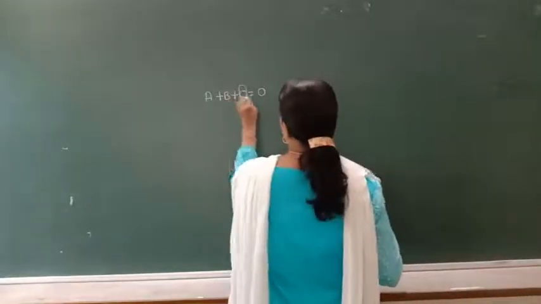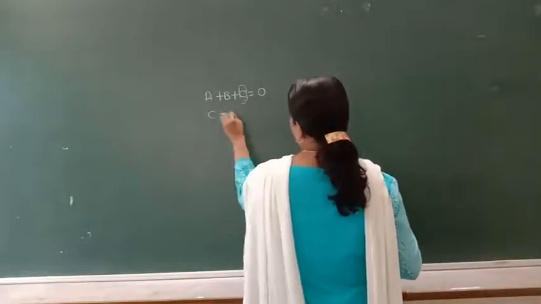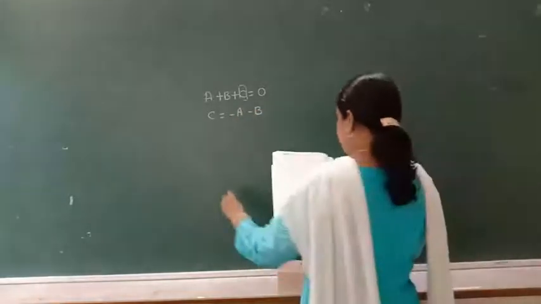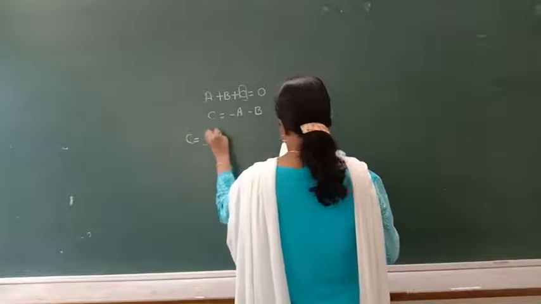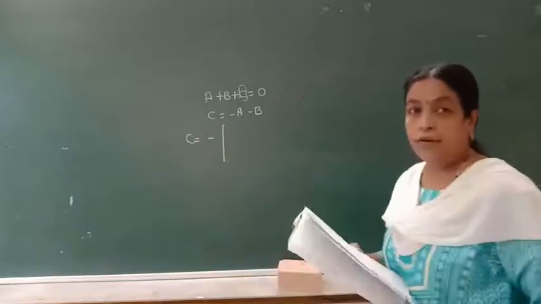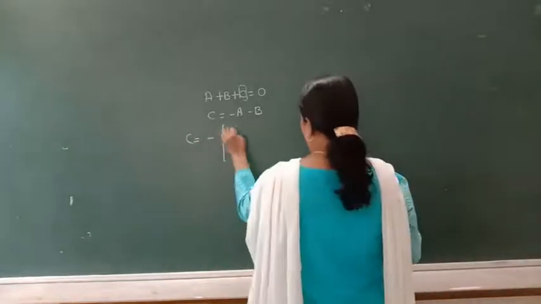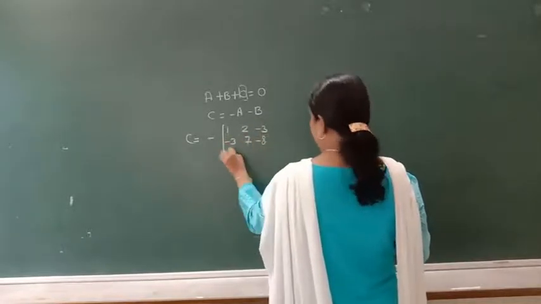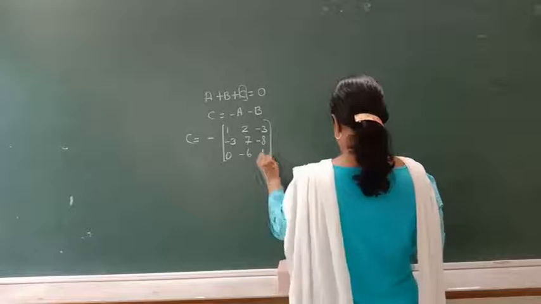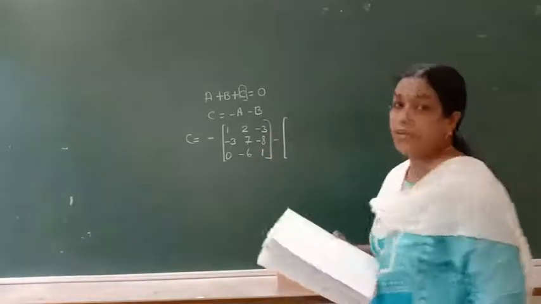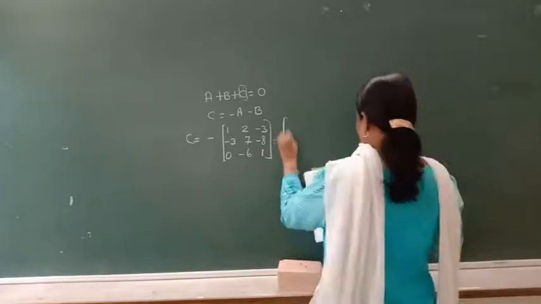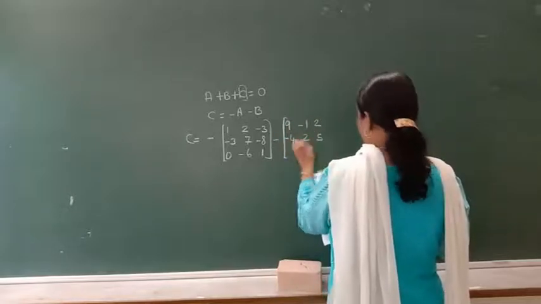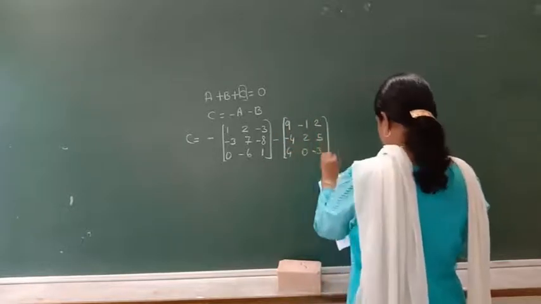So we want C. We will take these to the other side, they become negatives. So C is equal to minus of A, negative of A, that is [1 2 -3; -3 7 -8; 0 -6 1], minus the B matrix [9 -1 2; -4 2 5; 4 0 -3].